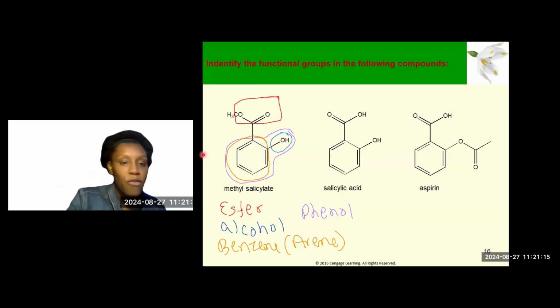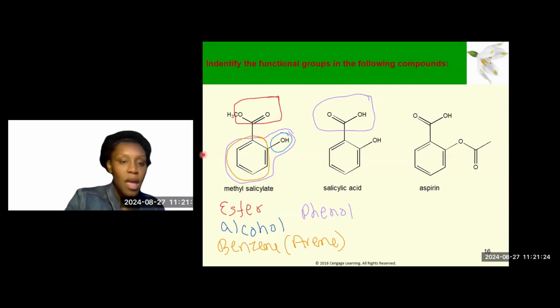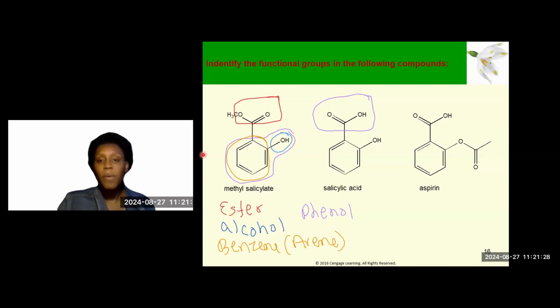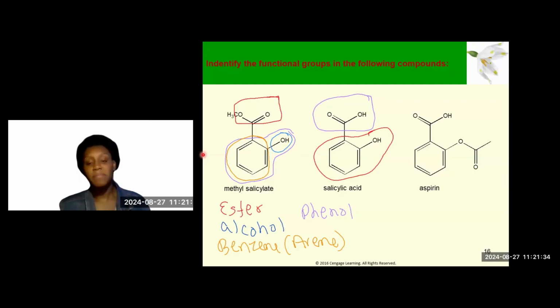Let's first start off with what I'm highlighting as purple. What is that functional group? And then also, what is the functional group of what I'm highlighting in red? We just talked about this one. Awesome.